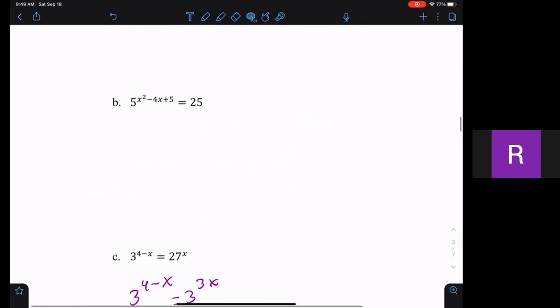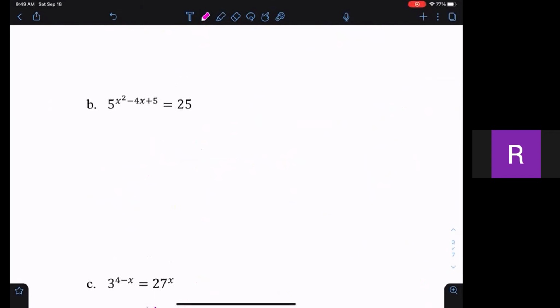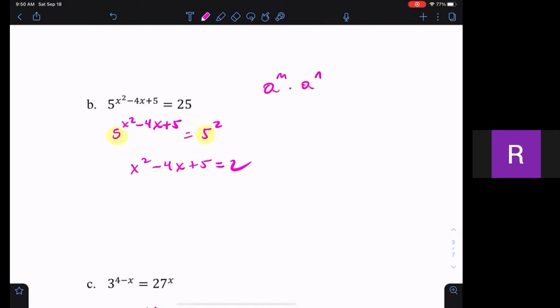So next we have this one, right? You can just make it the same base again. So this is going to be 5^(x^2 - 4x + 5) equals 5^2. This means that x squared minus 4x plus 5 equals 2, because you have the same base, so you set the exponents equal to each other from this rule. So now we solve.